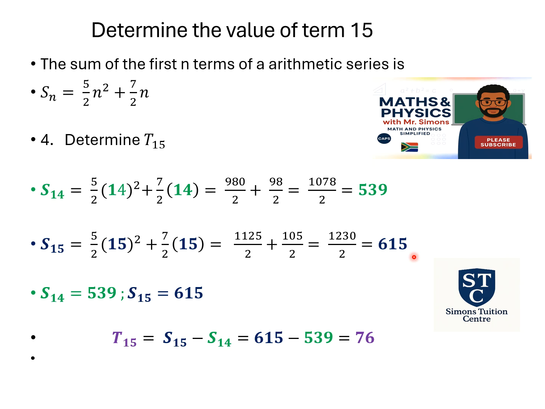So now having that, I can say term 15 equals sum 15 minus sum 14, which gives me 615 minus 539 equals 76. So 1 mark for the correct formula, another mark for correct values, 1 mark for the correct answer, and 1 mark for substitution. So we can test this, instead of asking what we've asked previously, all in one go.